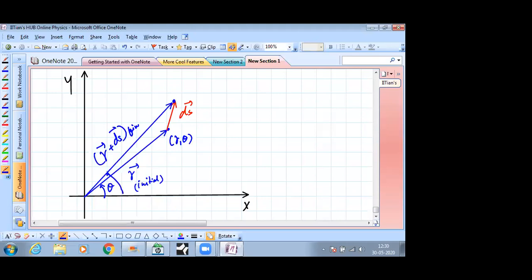So this whole angle has become theta plus d theta. And also the length of this line has changed from r to r plus dr. The coordinates here have become r plus dr, theta plus d theta, the polar coordinates.